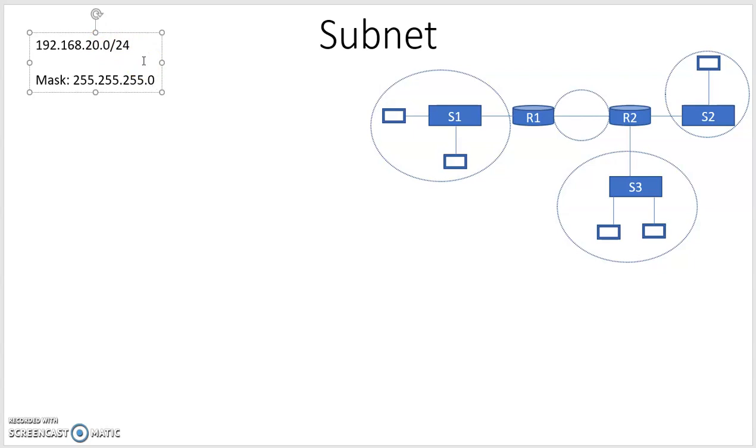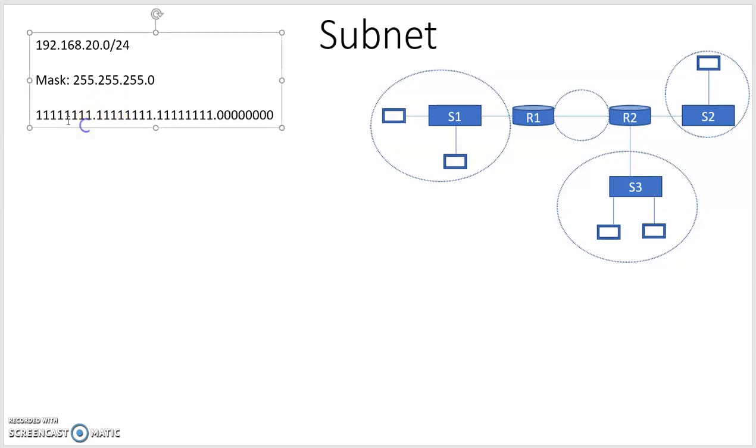That's what it means. In decimal it turns out to be 255.255.255.0. If I convert this into binary, 255 means 8 ones: 1, 2, 3, 4, 5, 6, 7, 8, dot, 8 ones, dot, 8 ones, dot, 8 ones.